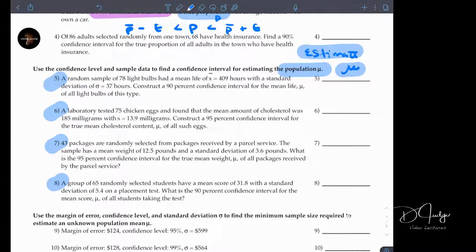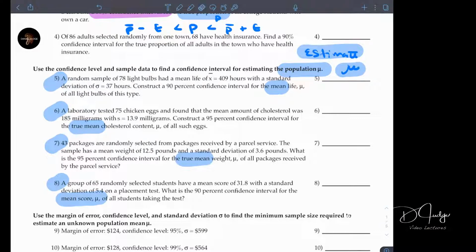They want a confidence interval for the true mean. What is the 95% confidence interval for the true mean? 90% confidence interval for the mean score mu. Okay, they didn't write it as true, but fine. Those publishers. So questions 5, 6, 7, and 8, they're all estimating the true mean, ladies and gentlemen.